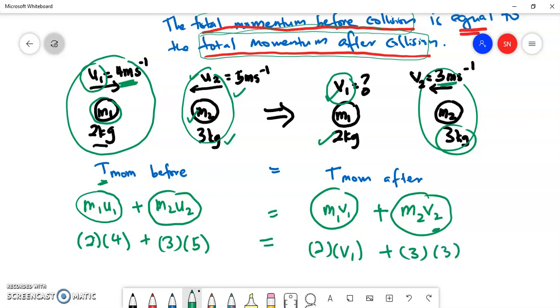So here 2 times 4 is 8 plus 15 equal to 2v1 plus 9.